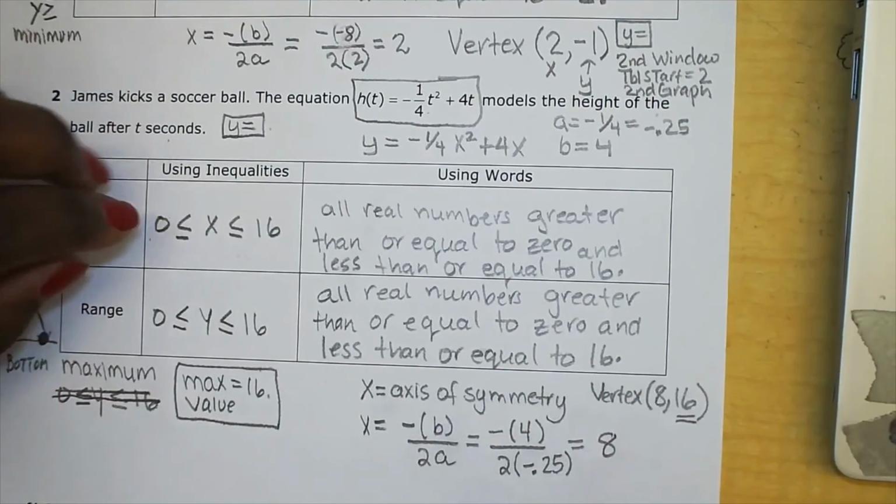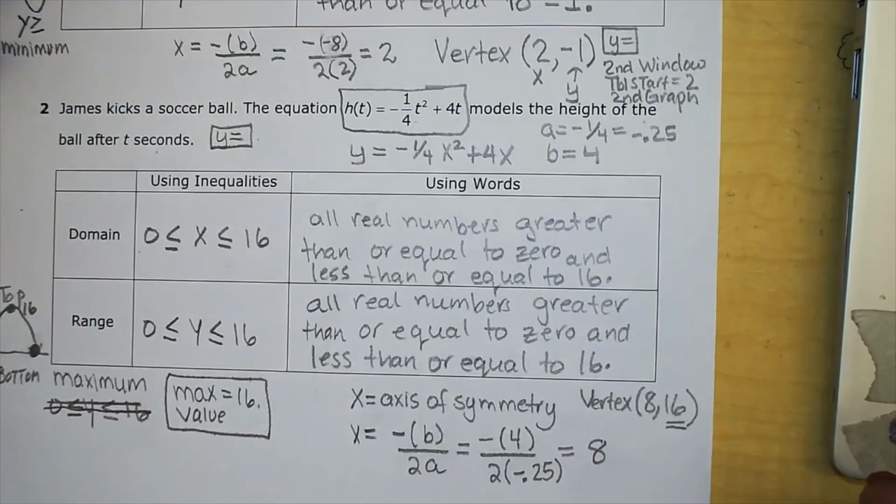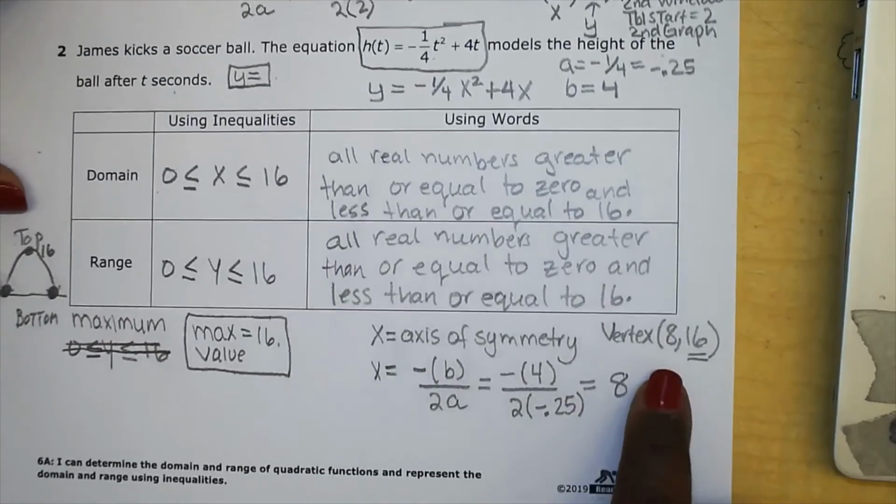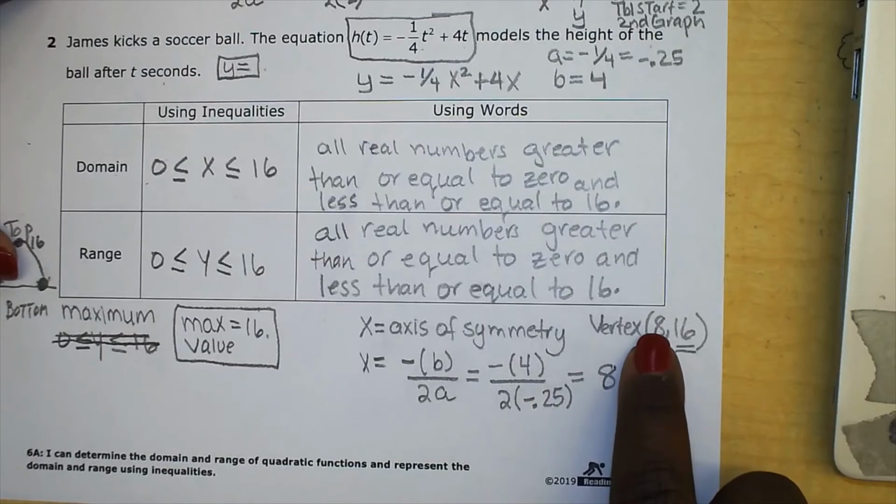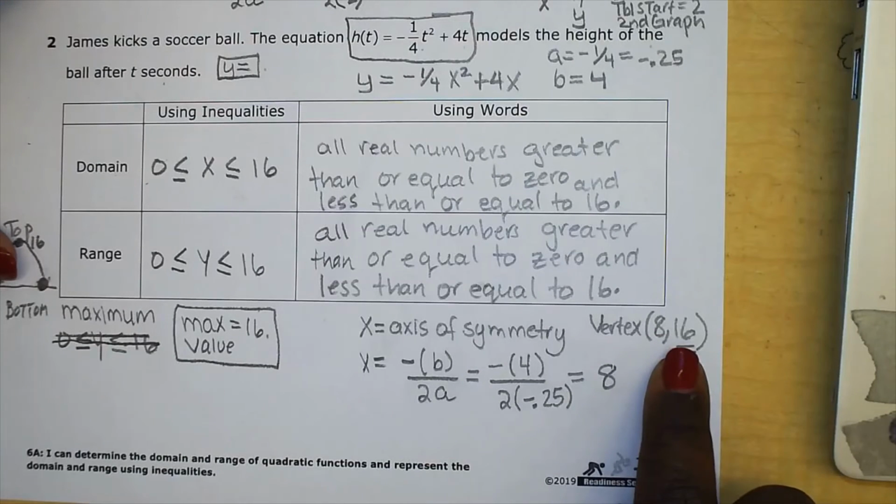And that's just in this case that they both came out to be 16. The vertex indicates after 8 seconds it was at its maximum height of 16. And that's the range of our function.